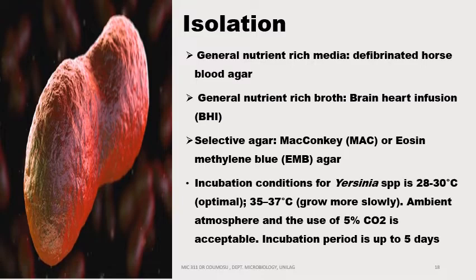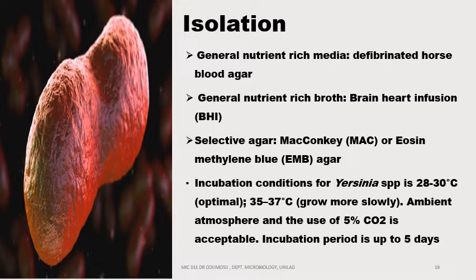In isolation of Yersinia, Yersinia consists of fastidious species, although pestis is not really fastidious. But Yersinia enterocolitica and pseudotuberculosis are more fastidious. Hence, they can be very difficult to grow, which means they require enriched agar containing more nutrients.